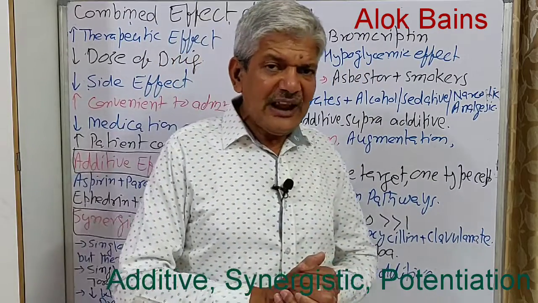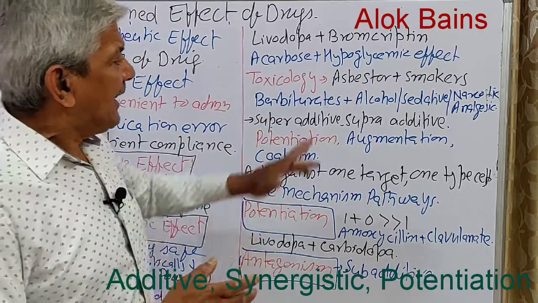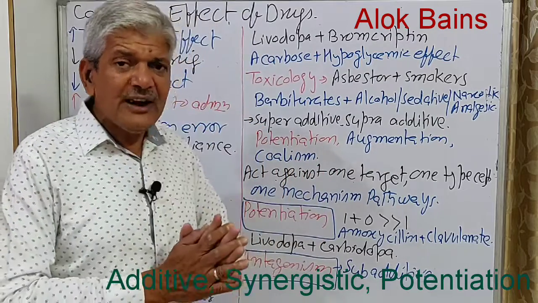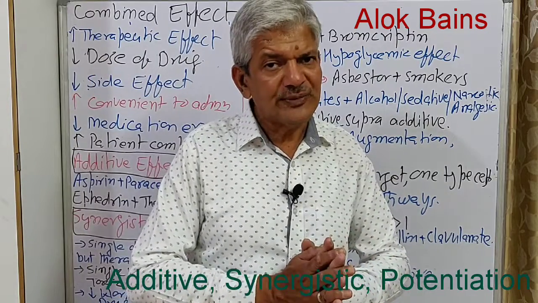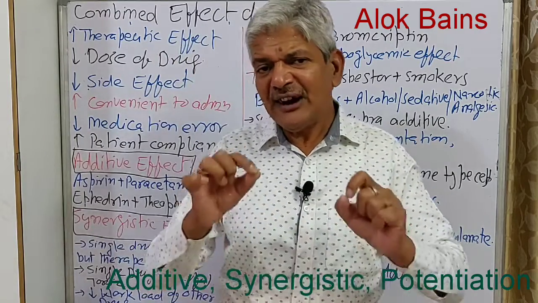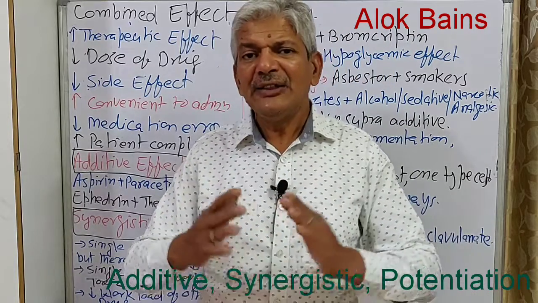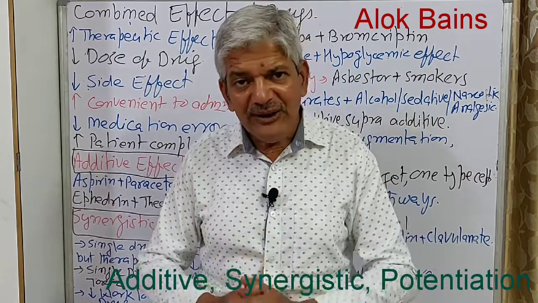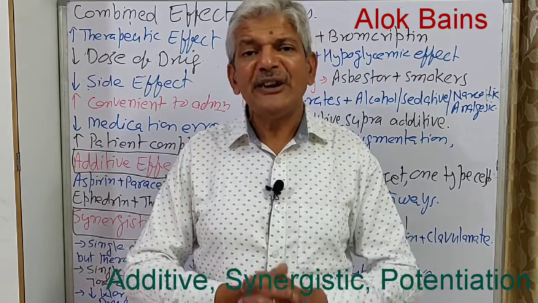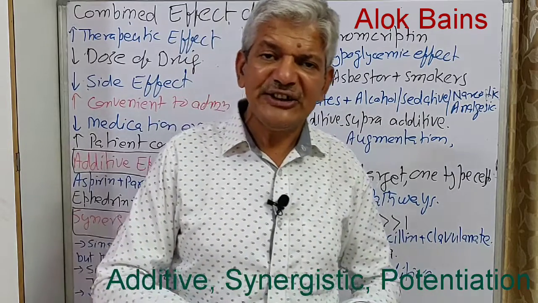There is another drug called acarbose. Acarbose blocks the absorption of glucose from the GIT, so automatically the blood glucose level will decrease. Thus, the hypoglycemic agent dose will be reduced, and after reducing the dose, it will produce an equal effect, meaning it will maintain the blood glucose level. So these are two examples of the synergistic effect.